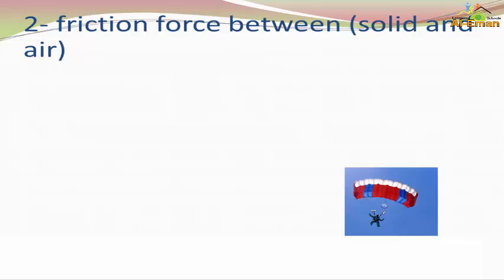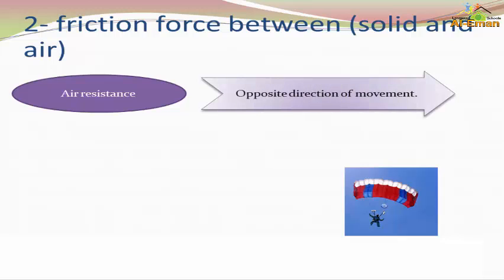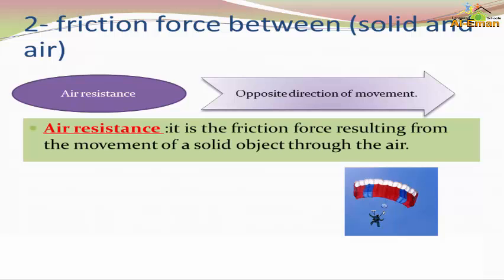The second type of friction is friction force between solid and air, which is called air resistance. So the second type is called air resistance. This air resistance has effect in the opposite direction of movement. So what's the meaning of air resistance? Air resistance is the friction force resulting from the movement of a solid object through the air.